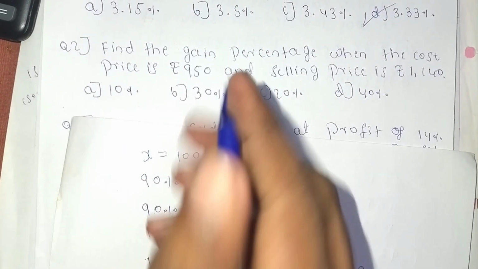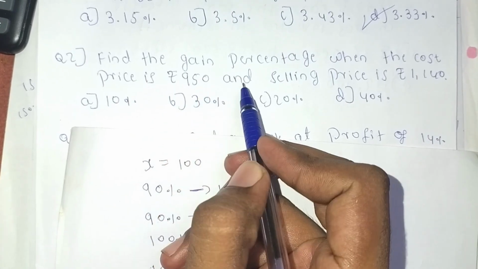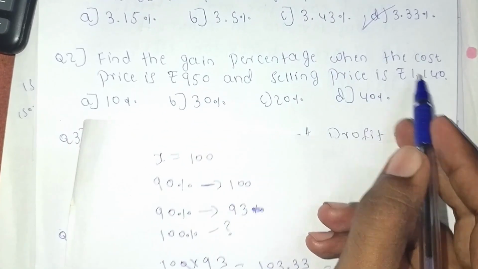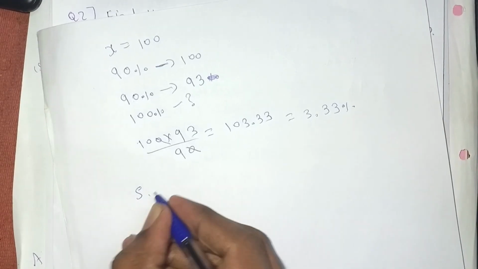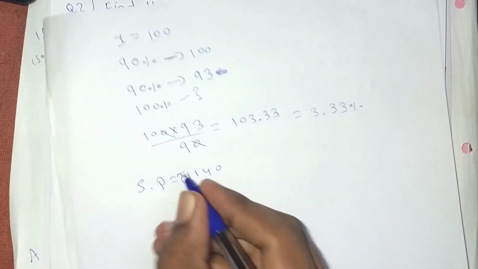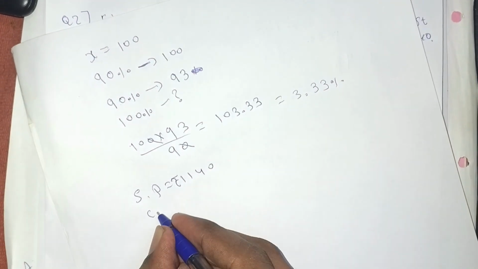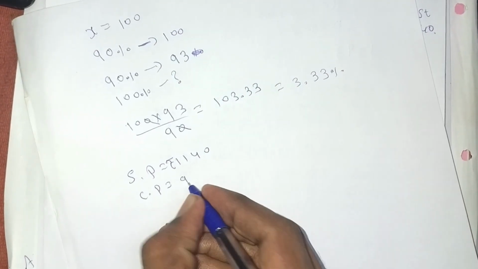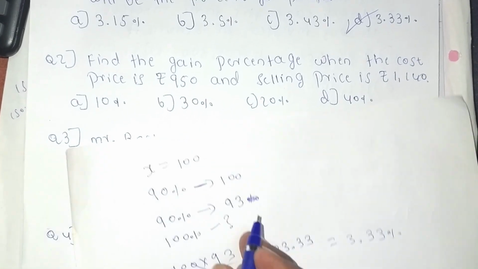Okay, let's continue with the second question. Find the gain percentage when the cost price is 950 rupees and the selling price is 1140. Here we have the selling price 1140 rupees and the cost price 950 rupees. So how much profit will we get here?